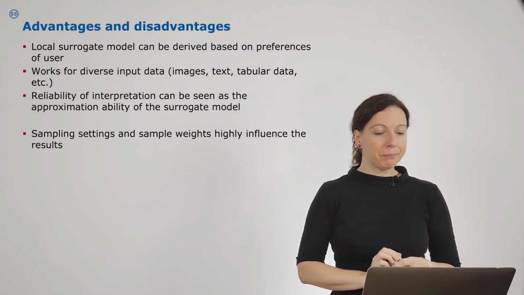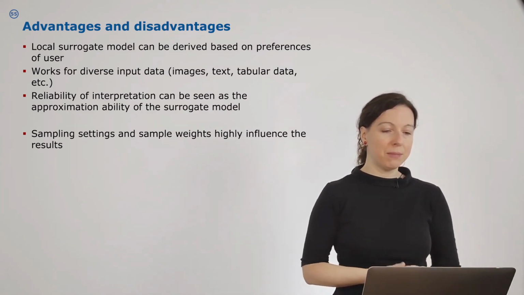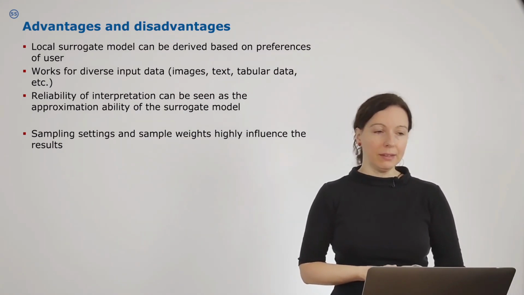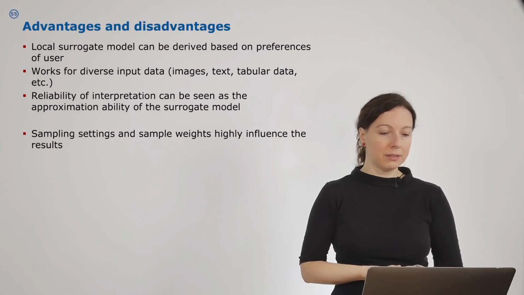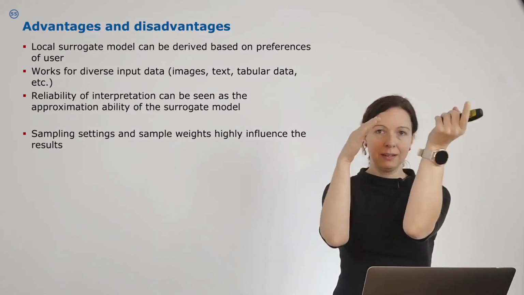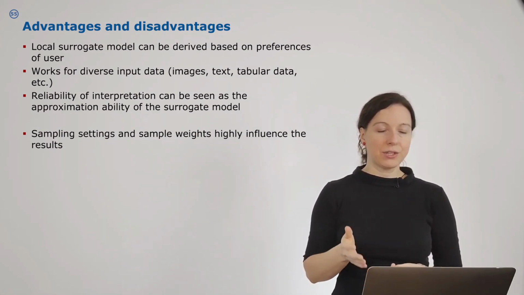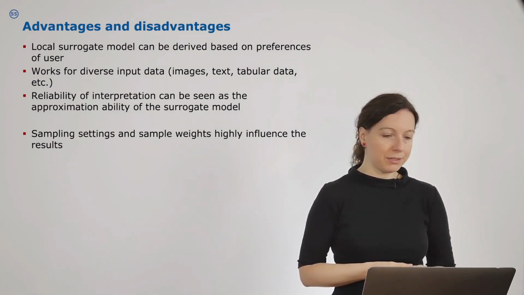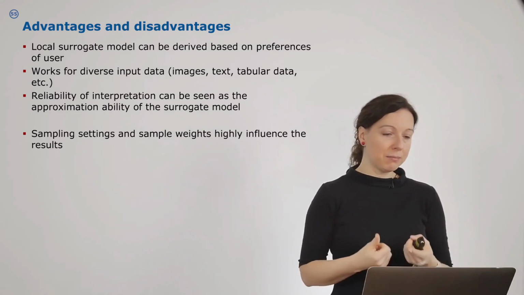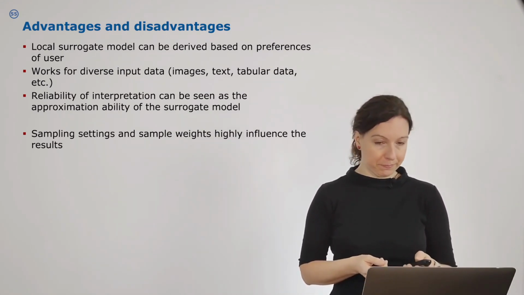And the reliability of the interpretation can be seen as the approximation ability of the surrogate model. When the surrogate model is not really able to approximate what's happening there, you might question the reliability of your interpretation. But again, you have hyperparameters. For example, the sampling settings and the sample weights highly influence the results.